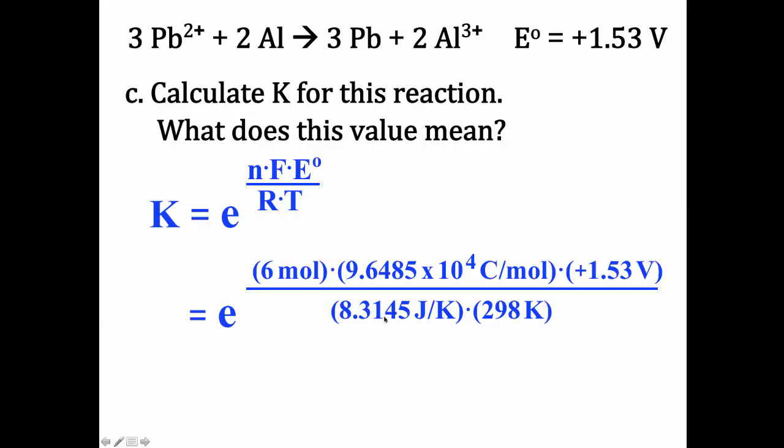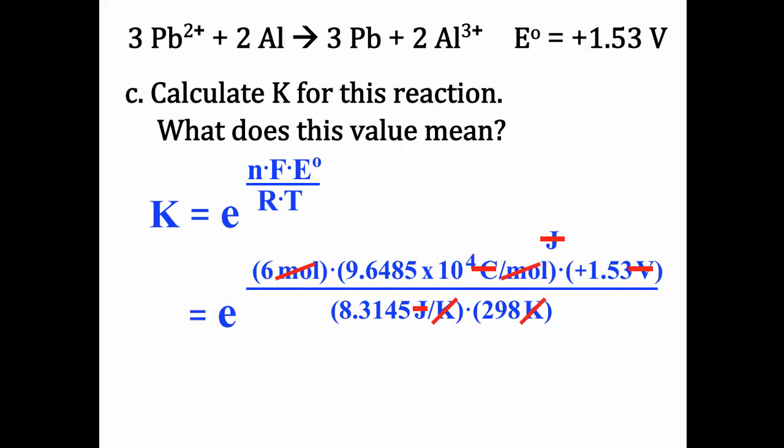R is 8.3145 joules per mole Kelvin, and the assumption here is we're working at 25 degrees Celsius since nobody said anything differently. And now note, moles cancel, Kelvin cancel, a coulomb times a volt is a joule, and then joules cancel, and all of our units cancel, so our exponent is just going to be a number.